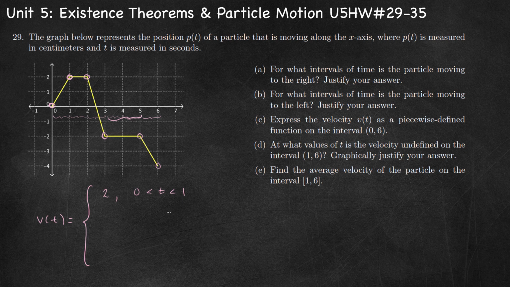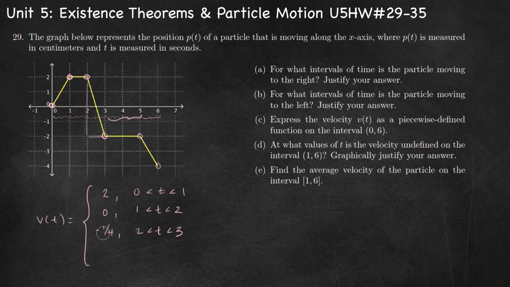Okay, so our second piece is between 1 and 2, and the slope of the position there is 0. So my velocity is 0 on the interval from 1 to 2. My slope is, so we go down 4 and over 1, so negative 1/4 on the interval from 2 to 3. Nope, we go down 4 over 1.